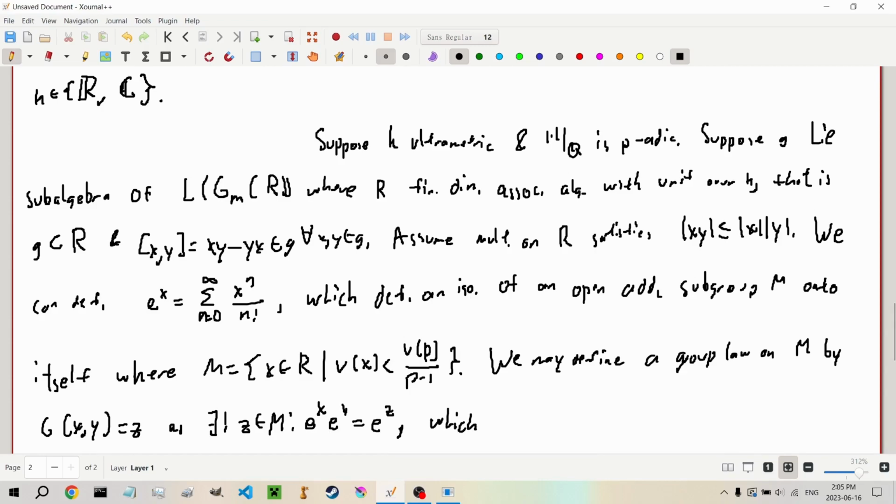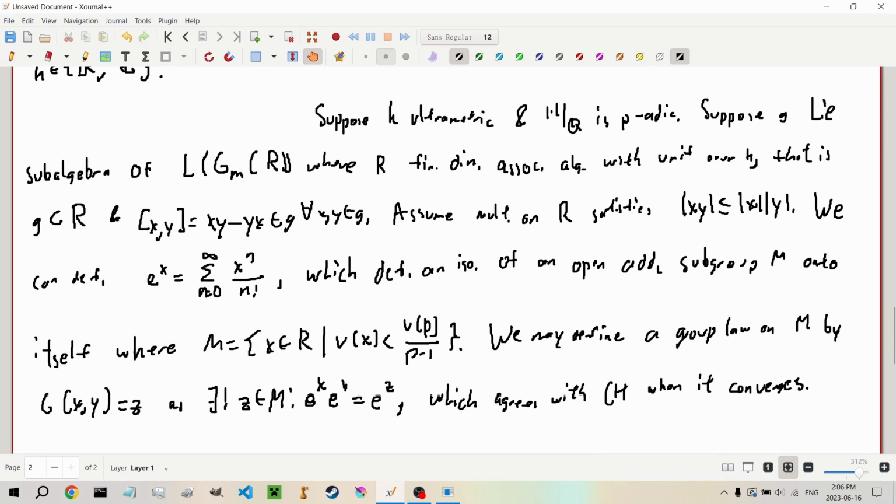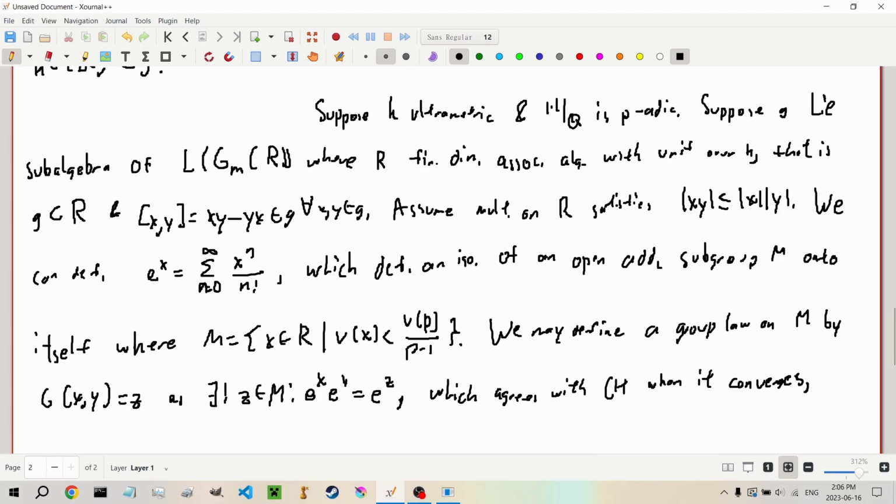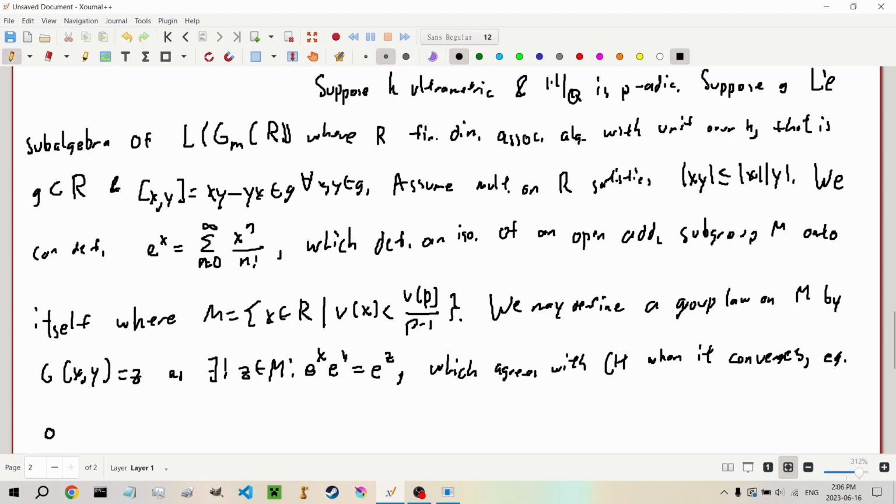Which agrees with the Campbell-Hausdorff formula when the latter converges. And Lazard has shown it converges on M.